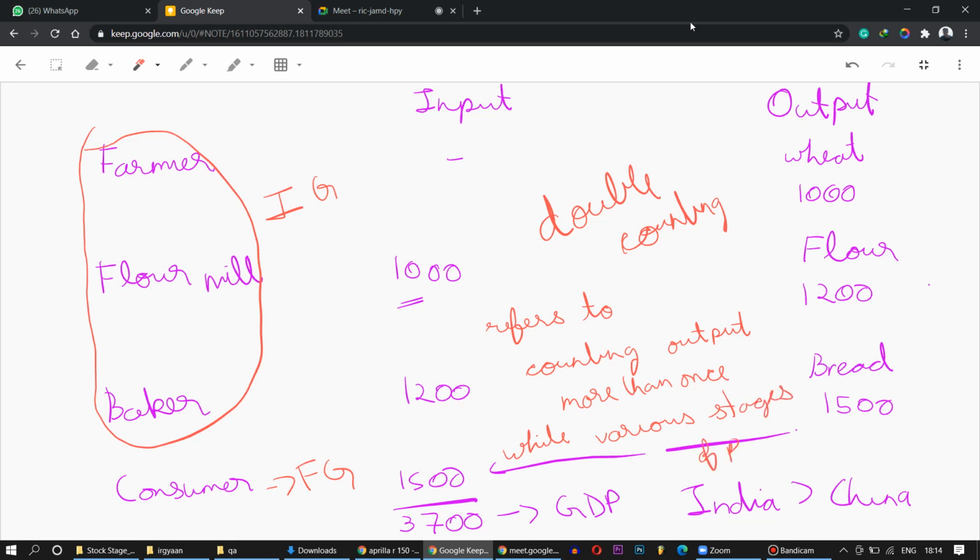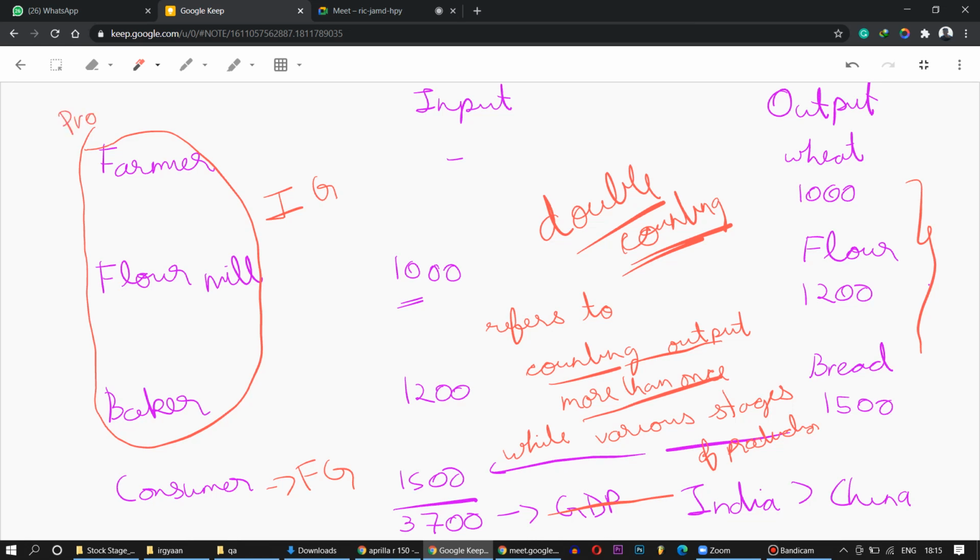This is the most beautiful definition that I found. Refers to counting output. If we count all the output, we are going to get 3,700, which is double counting. Double counting is not good. Double counting is an issue. And what it is? Counting output more than once while going through various stages of production.